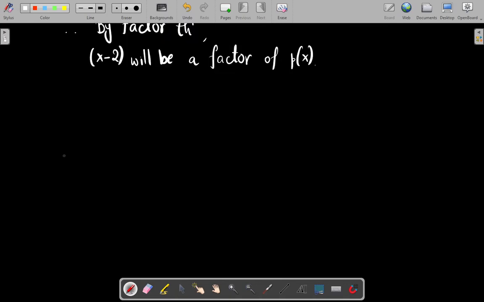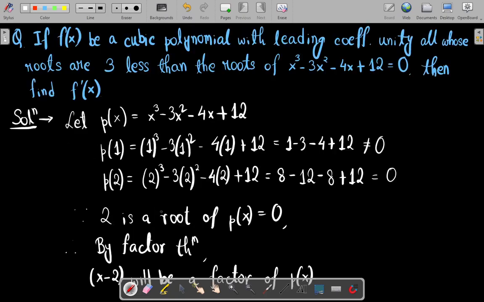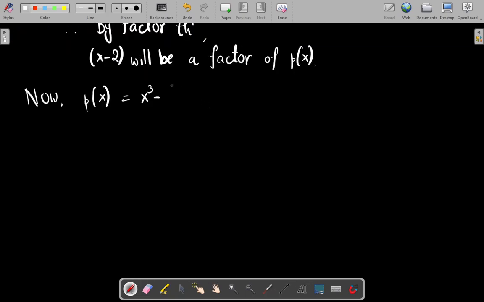So if I write again p(x) is x cubed minus 3x square minus 4x plus 12, I'll try to write it with a factor of x minus 2.